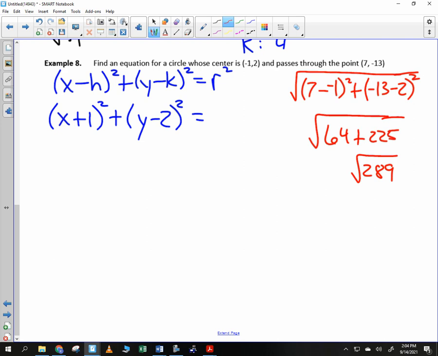Square root of 289? 17. So, true or false, I put 17 there. 17 squared, right? 289.